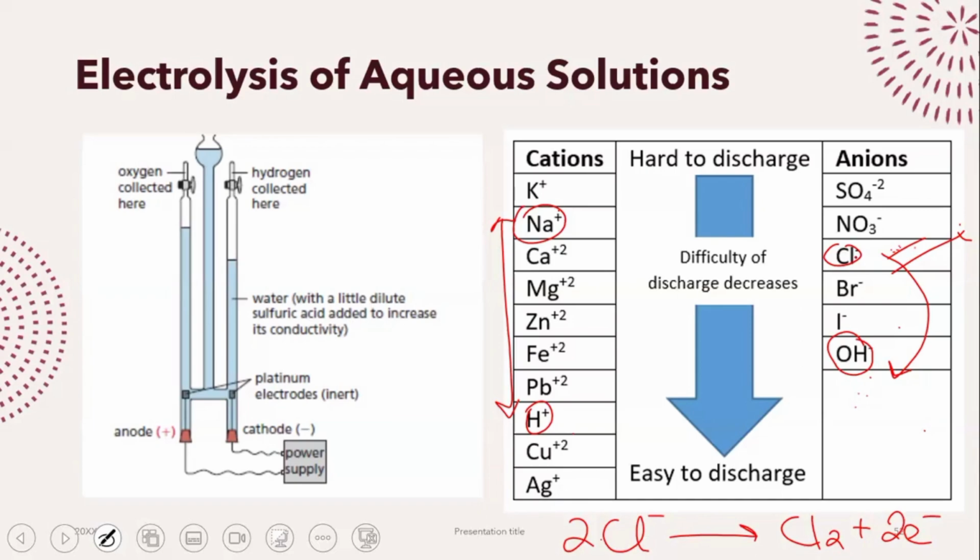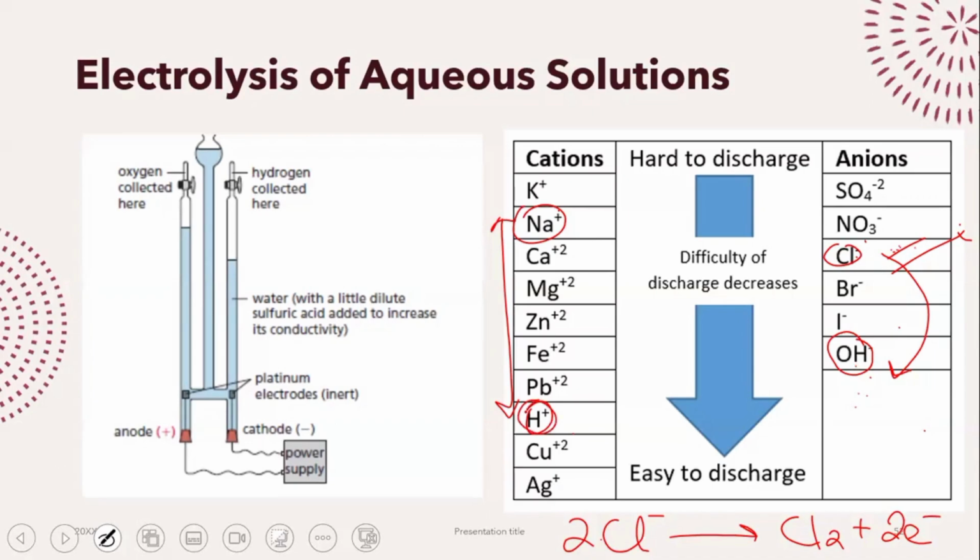In between chloride and hydroxide, the difference is not that much. So when the concentration of chloride ion increases, chloride ions are the ones that are going to go to the anode, not hydroxide. But between sodium and hydrogen, the high concentration of sodium is just not strong enough to overcome the difference. So hydrogen is going to go to the cathode.